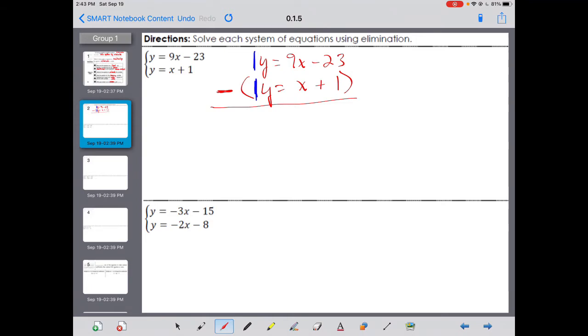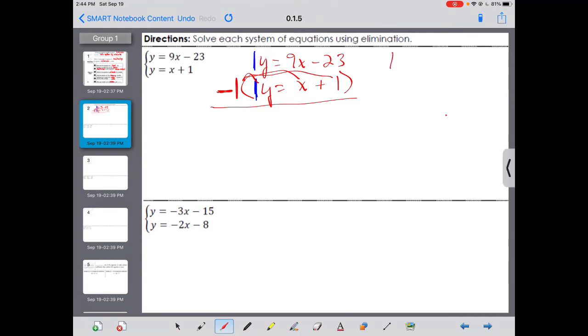So when I do an elimination, what I try to make happen is that the variables have the same coefficient number, but with a different sign. You can do that by multiplying the whole equation by a -1, which is what happens when we're subtracting. When I take 1y equals 9x minus 23 and I subtract 1y equals x plus 1, I'm subtracting the whole thing, so that -1 goes to everybody.